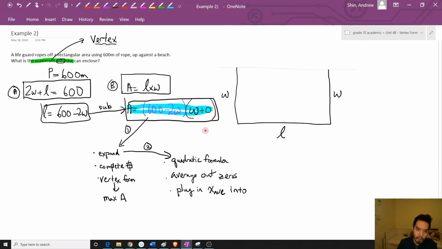Equation C. Plug the average x into equation C, and then you can find your max area from there. So that's the second option.